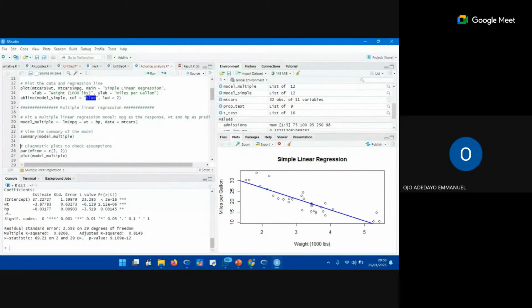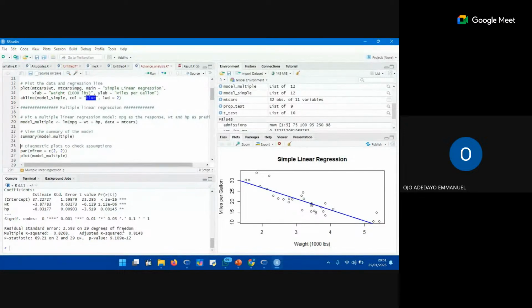This is the HP, which is the horsepower of that car. Now, the estimate, this is the coefficient that we have. The coefficient of weight now is minus 3.877, which means the relationship is negative. The same thing with the horsepower: there is a negative relationship.